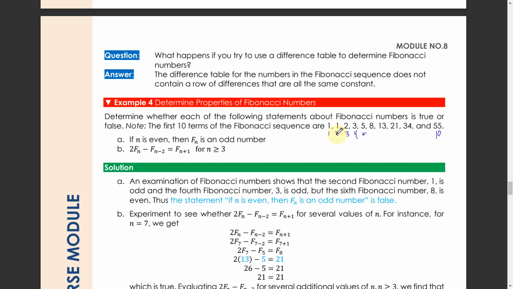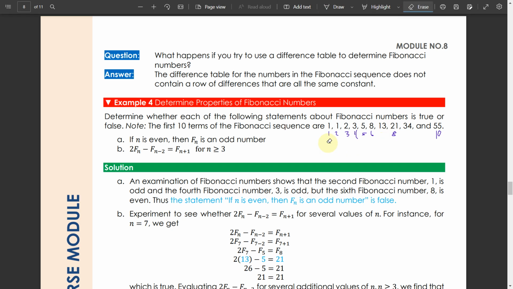Here the even terms are 2, 4, 6, 8, and 10. So if your term is even, your f of n is an odd number.